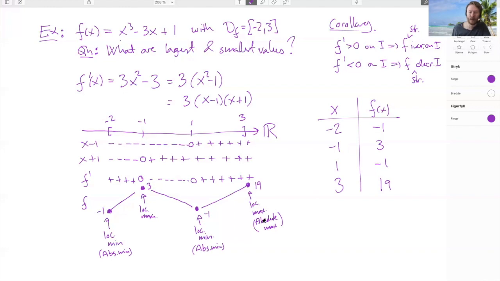Some people also call this the global max and this the global minimum. But our conclusion is that this is the largest our function can be, and it happens at that point, and this here is the smallest our function can get, and it happens at those two points. And then we're done. Now, if we want to verify all of this, we can try to plot the graph. So let's do that.